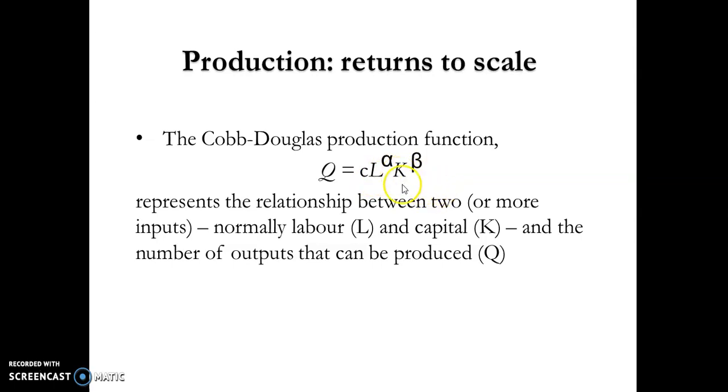Just to recap, your Cobb-Douglas function represents the relationship between your two inputs, labor and capital, and the quantity of output that can be produced.